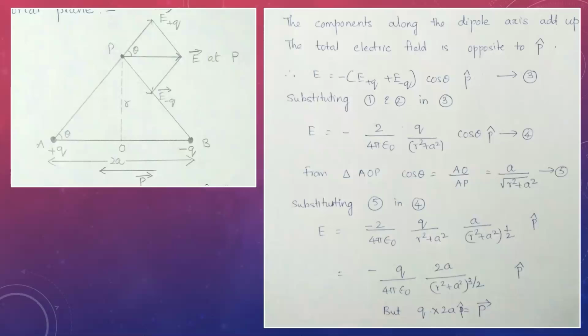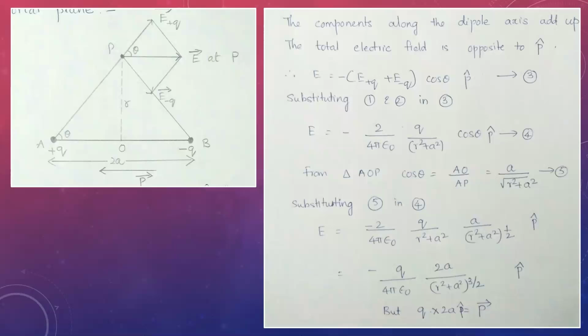Now, substituting the values of 1 and 2 in equation 3, which we have seen earlier, and adding both of them, we will get minus 2 by 4 pi epsilon naught q by r square plus a square into cos theta into p cap.